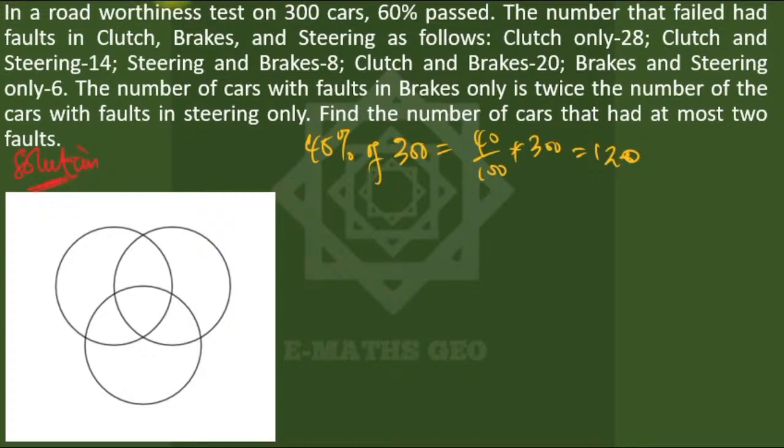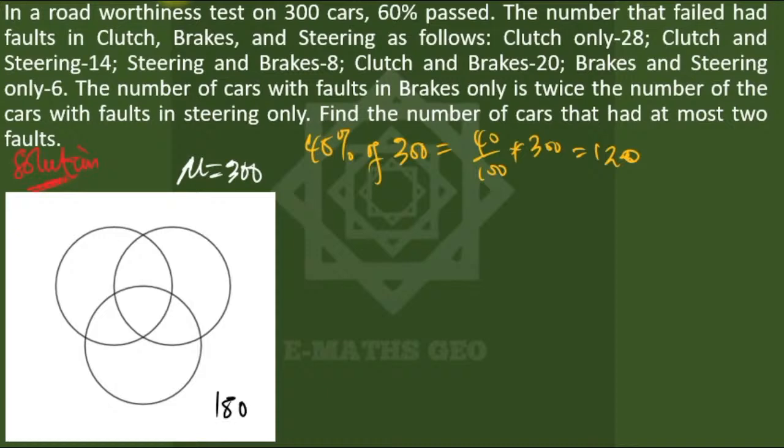And remember, the universal set is 300. So since we have a total of 300 cars and 120 had faults, remaining, we are left with 180 without fault.